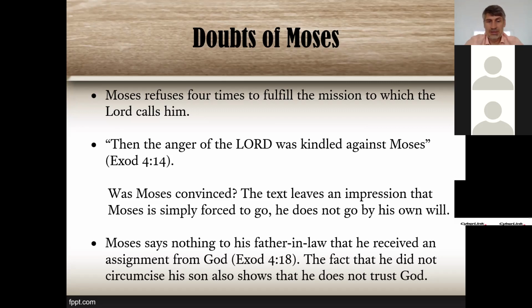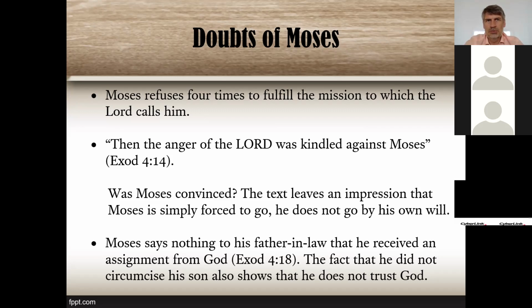And all these doubts of Moses come with the fact that, in the end, he didn't feel himself an Israelite. Even one of his sons was not circumcised. If his son was not circumcised, it means that he had actually already forgotten about his origin.